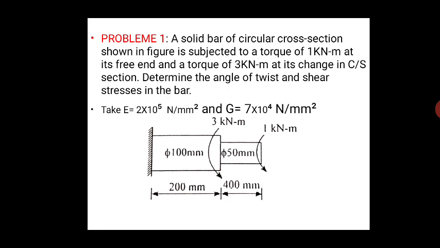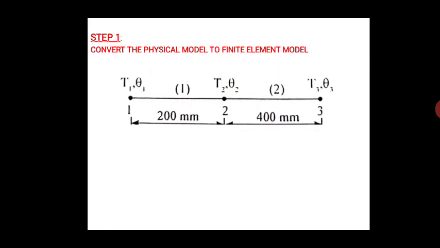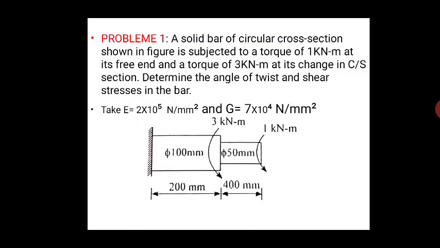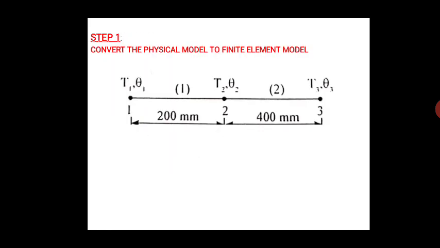To determine this, we will follow the steps used in FEM. The first step is to formulate the finite element model. Since the model has two solid bars, one of 100 mm and the other of 50 mm, we will consider two elements.